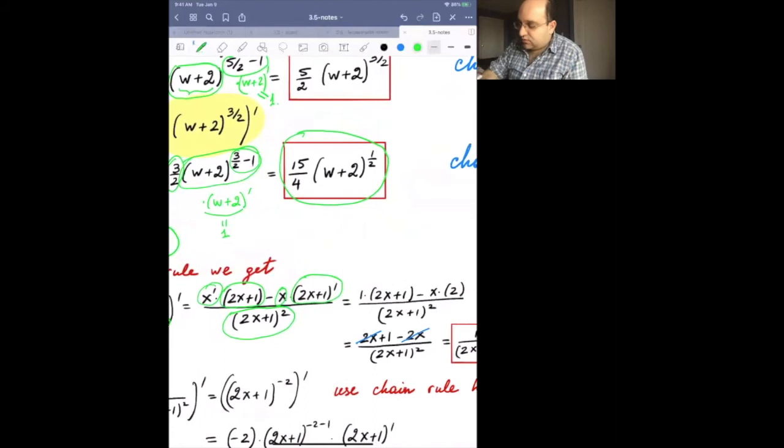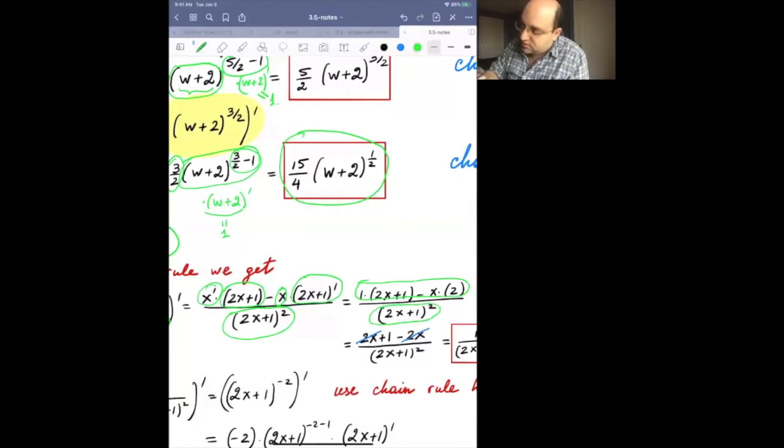So that's equal to the derivative of x, which is 1, times 2x plus 1, minus x times the derivative of 2x plus 1, which is 2. So that's the top here, and the denominator stays the same.